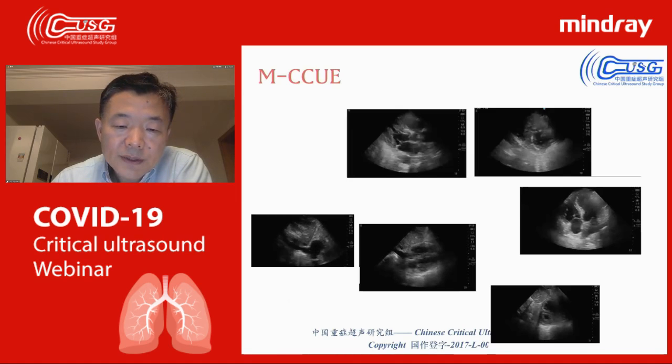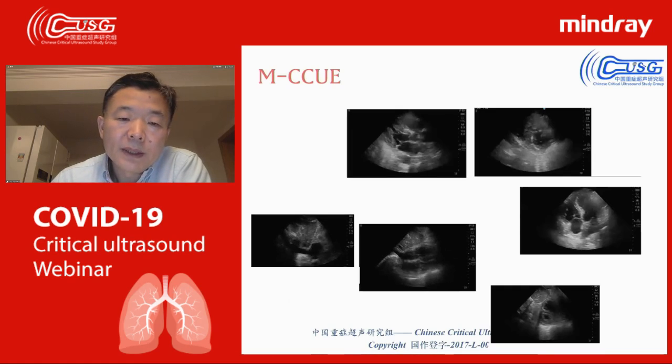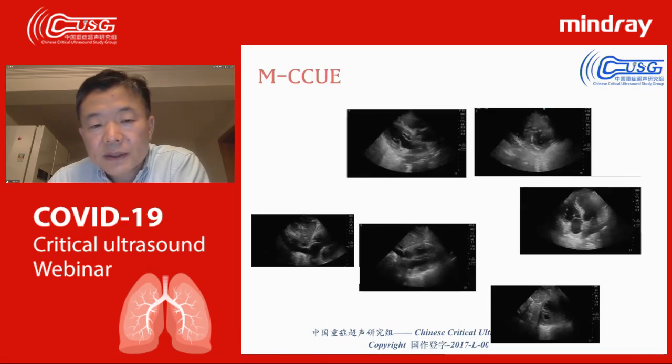And in the subcostal view, the four-chamber heart, you see the right ventricle is a little bit bigger. In the parasternal view, the left ventricle is still okay, but the wall of the left ventricle is a little bit thickened.